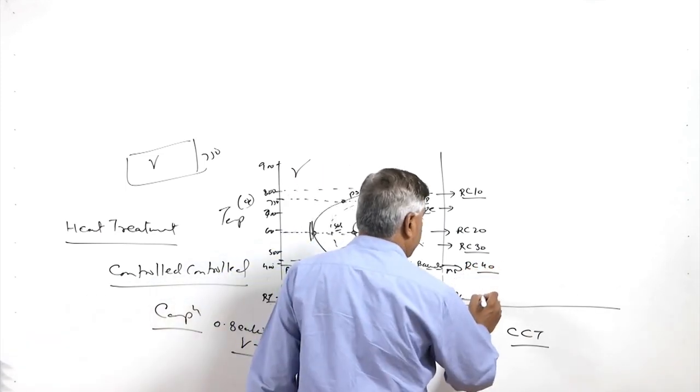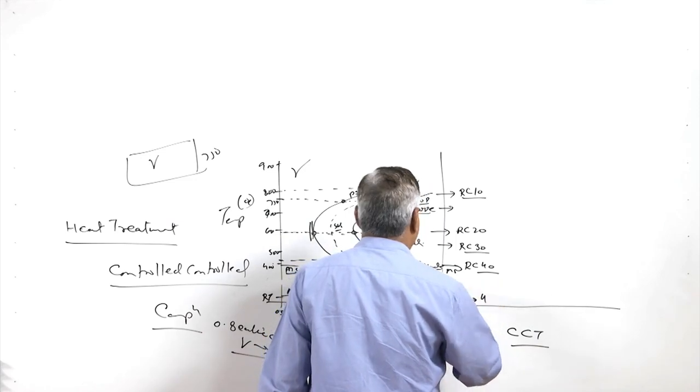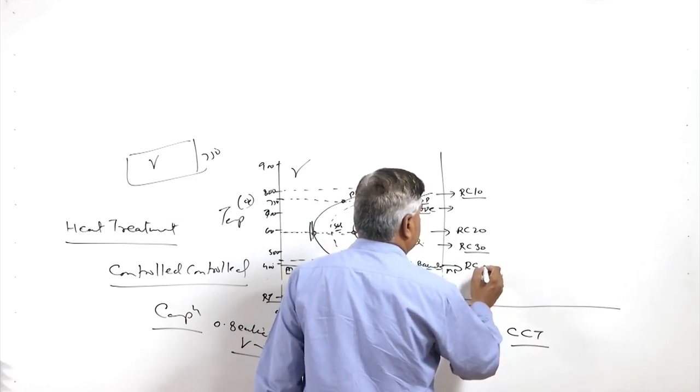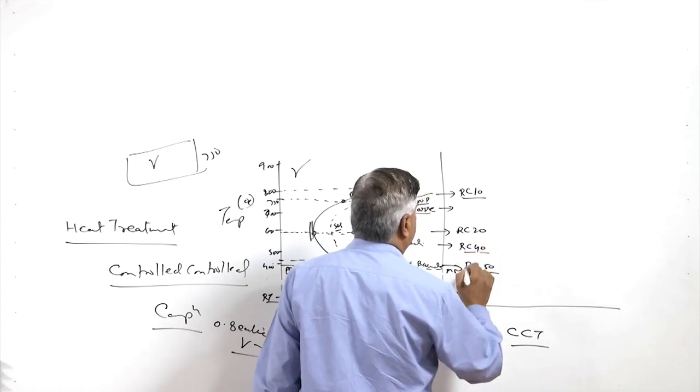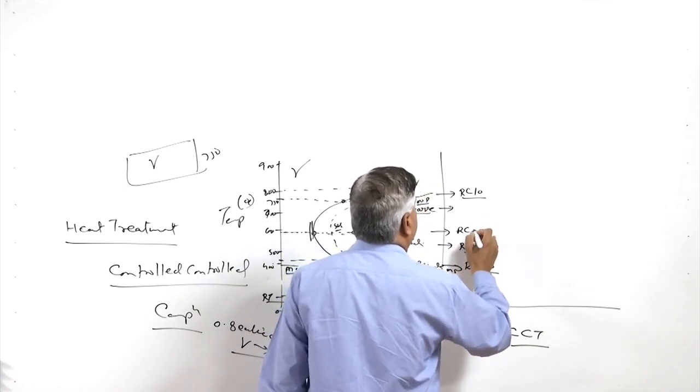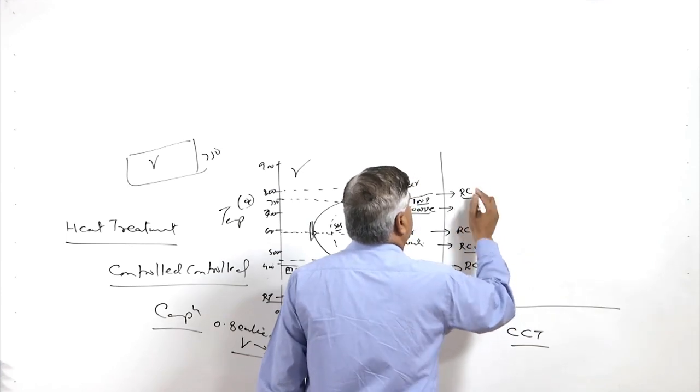For fine bainite it is actually RC 50 to 60.